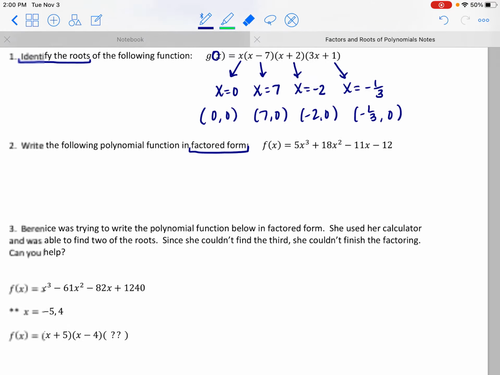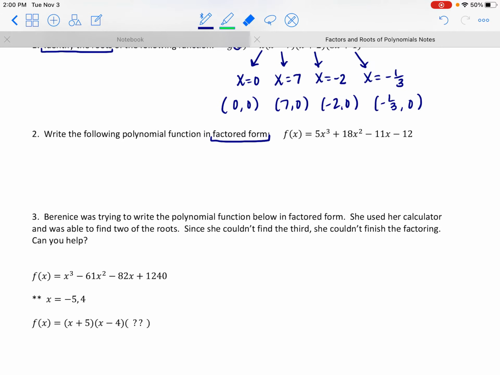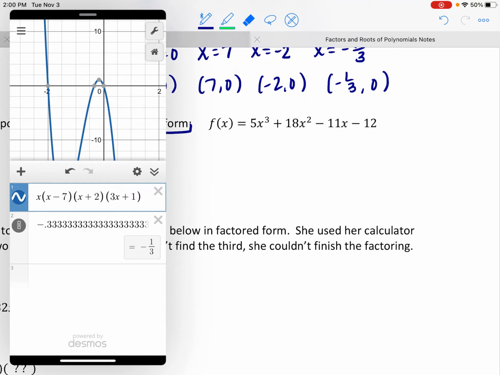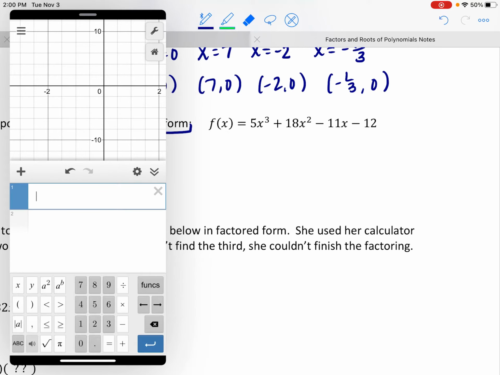So how do we use what we know about roots to make this in factored form? Well, in the same way the factors show me the roots, if I can find the roots, then I know the factors. So I'm going to go to my calculator again, and I'm going to put this function in and find the roots.